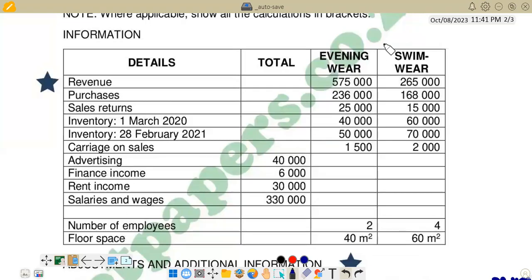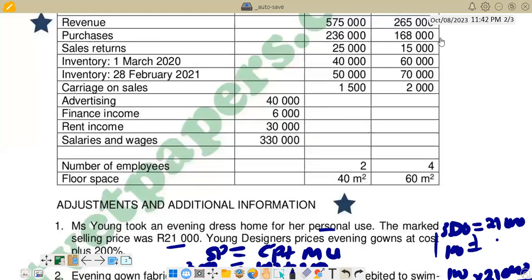We check there on how we can find that figure for cost of sales. Right, so if you are seeing that we don't have the figure for cost of sales, we are going to find cost of sales by using that formula that we say opening stock, we add purchases, then we subtract the closing stock, so the closing inventory, right?